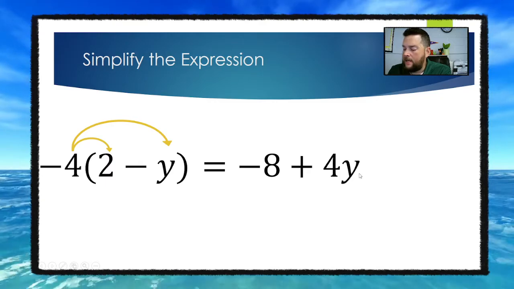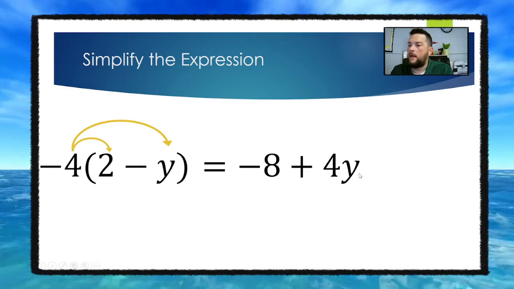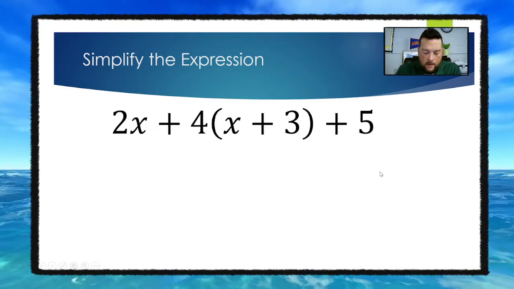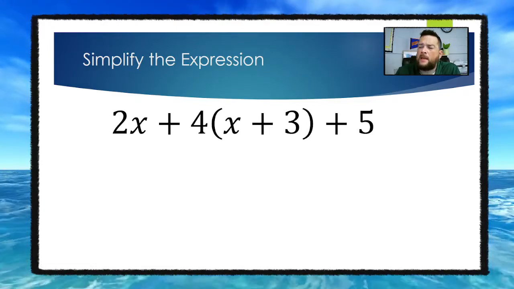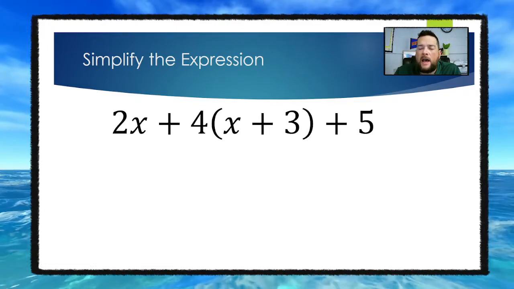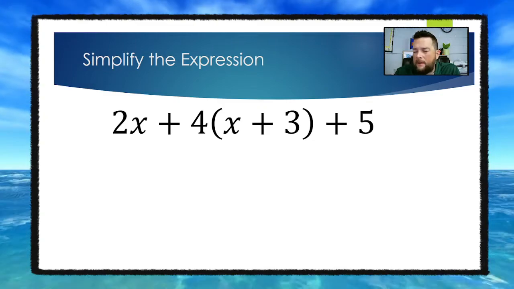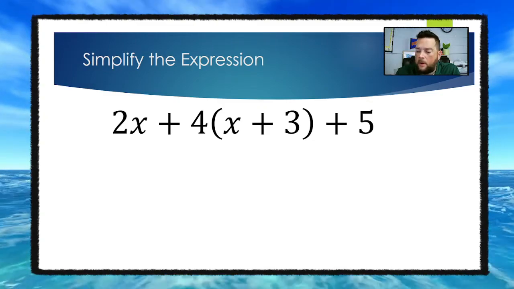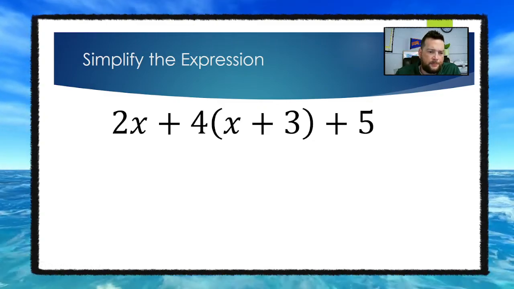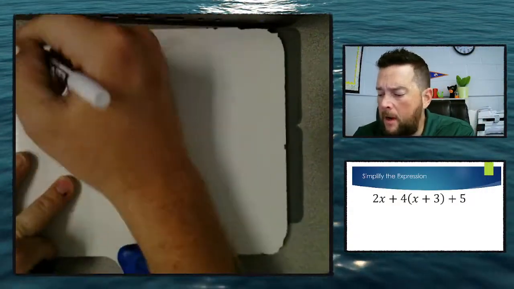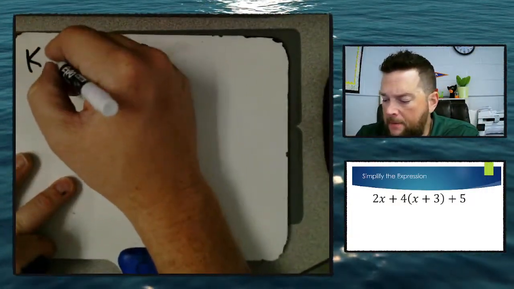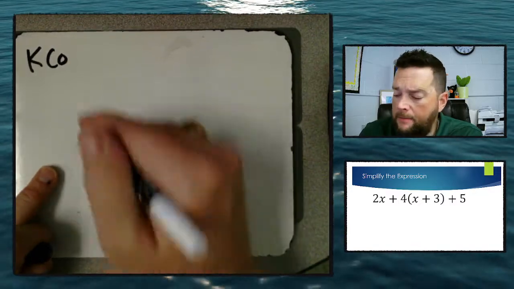Now let's take these and this distributive property, and let's embed it inside of a larger problem where you're going to have to combine like terms as well. PEMDAS tells us, and this is how I write PEMDAS, I always do keep, change, opposite at the beginning, best I can.